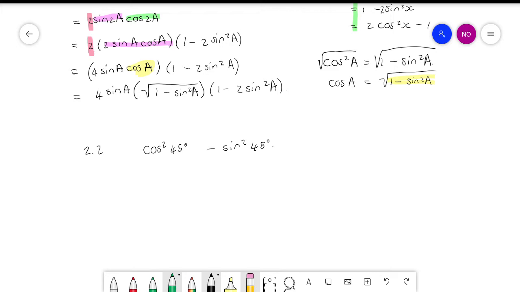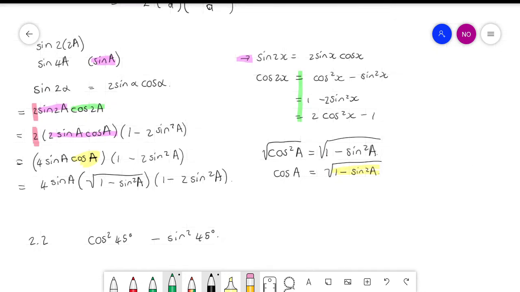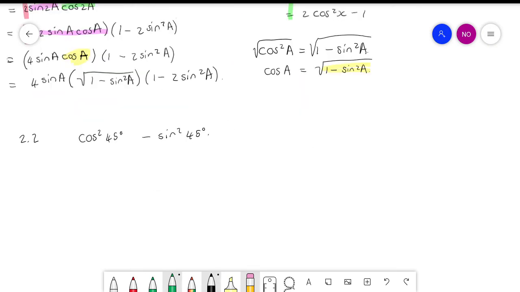Okay. This one, after a while, you should be able to identify it as that. Do you see? Cos kwadraat van 'n hoek minus sin kwadraat van daai selfe hoek. So this one I can write as cos of 90 degrees.